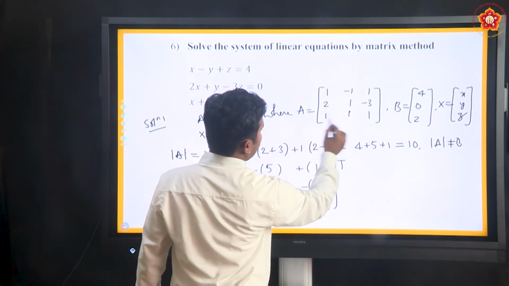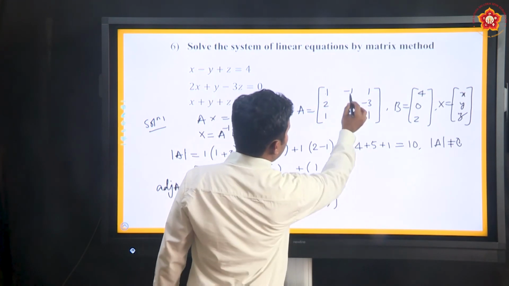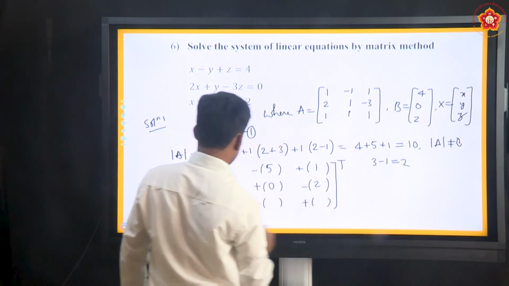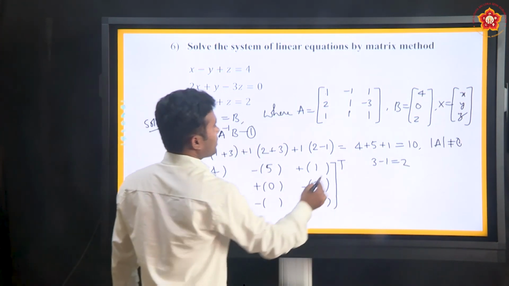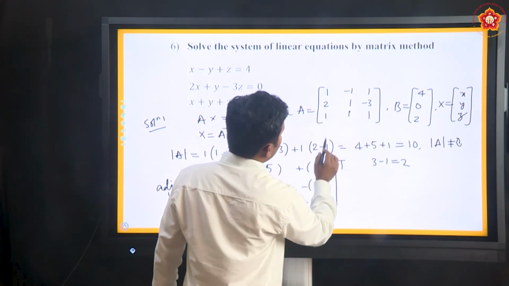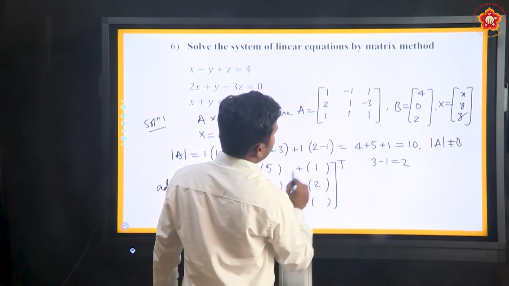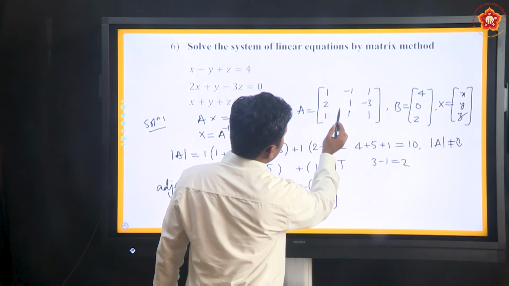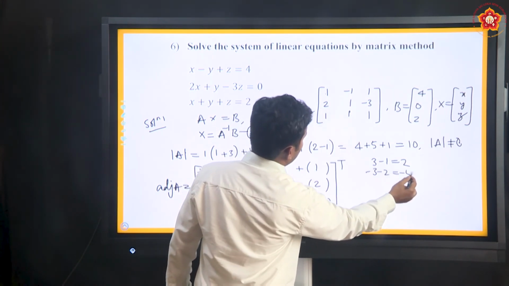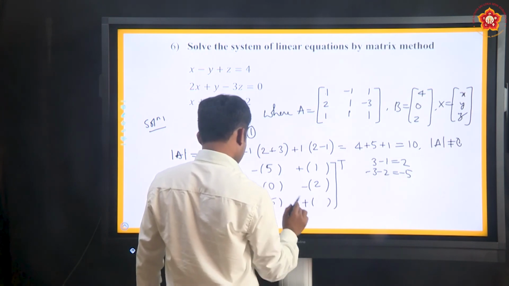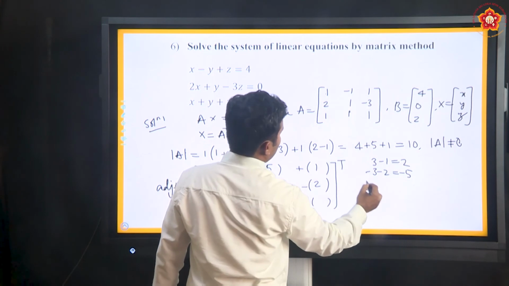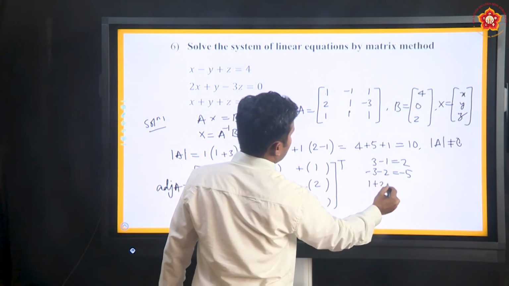Delete first column, third row: minus 1 minus 3 is 3, minus 1, the answer is 2. Next is this, delete this row and this column: minus 3, minus 2, minus 5. Okay, next is this entry, so 1 plus 2, 3.